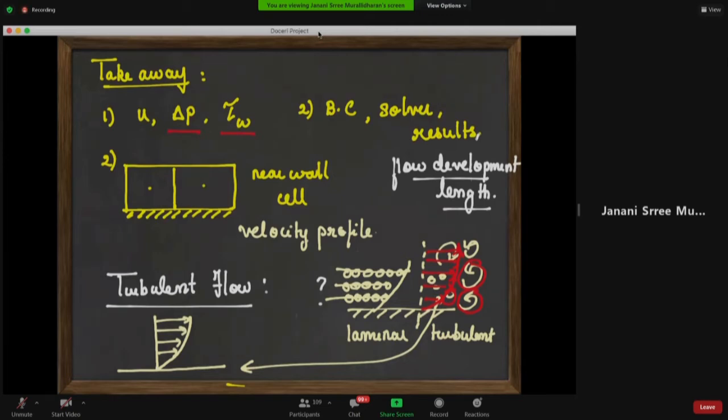Why is this important? If I have a mesh which is, say, 1 meter, I'm exaggerating, the cell center is 1 meter long. We should realize that our equation for momentum is probably being solved here, if it's co-located or staggered, I'm not going to get into that.